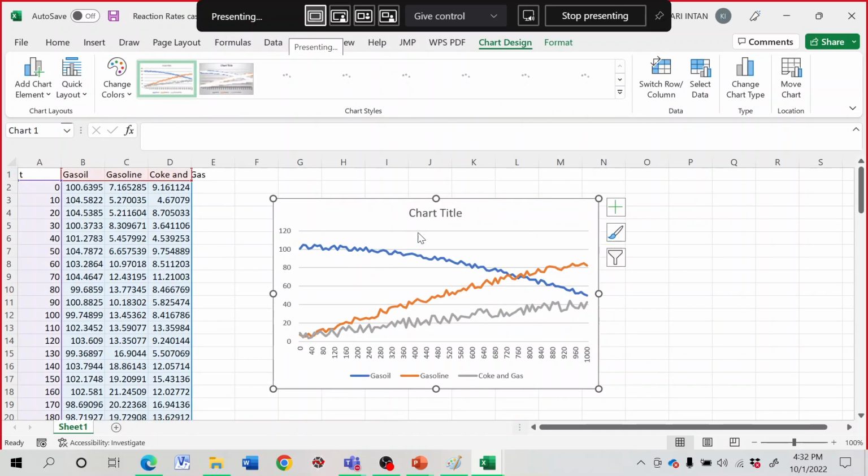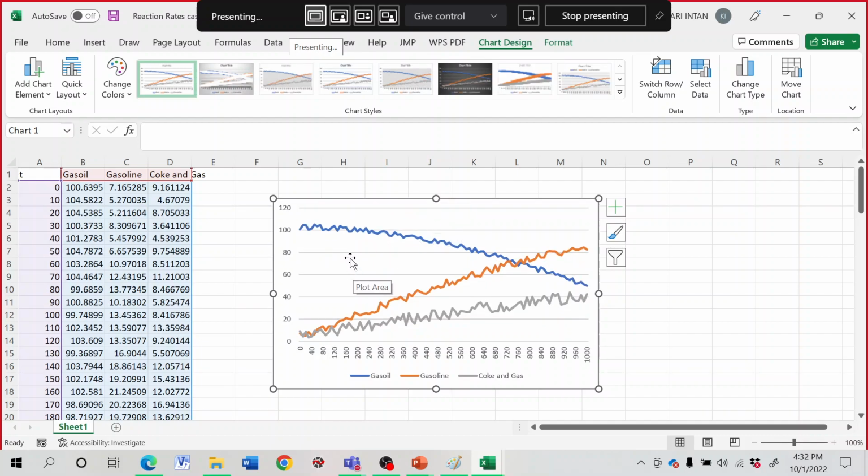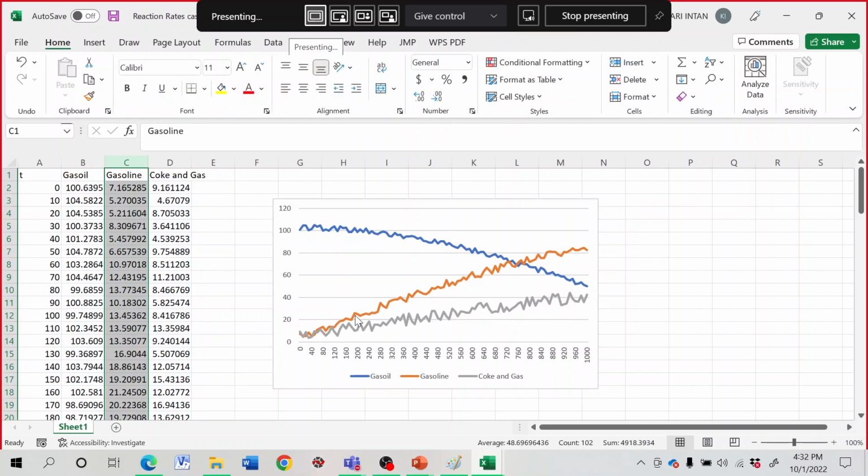Basically, the blue one is the gas oil, and then the orange one is the gasoline, and this is then the coke and gas.